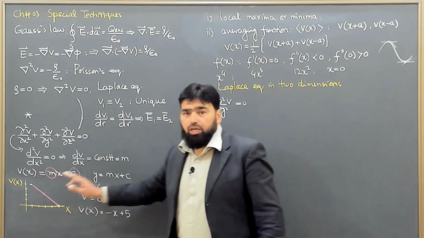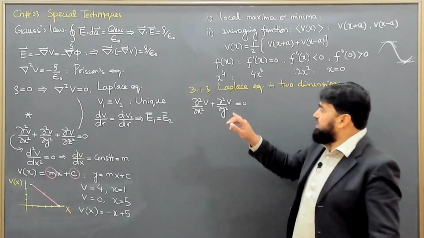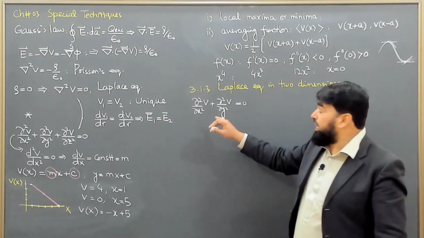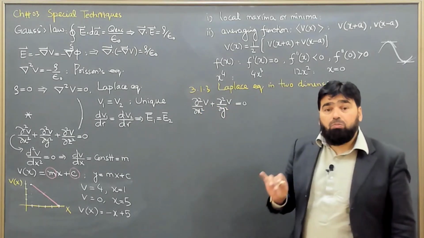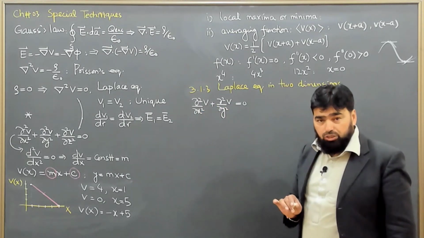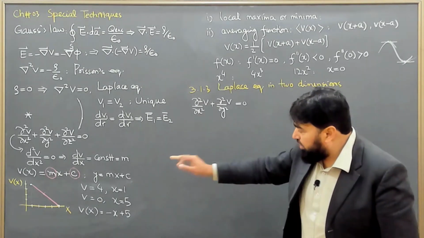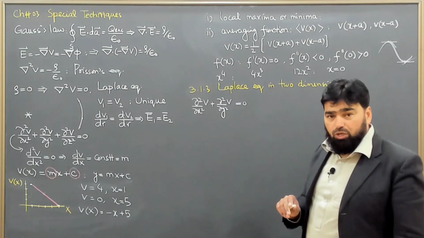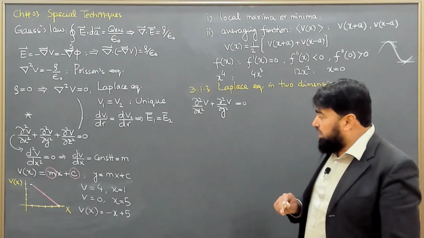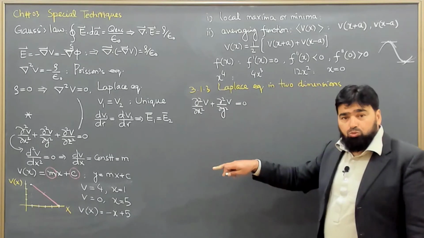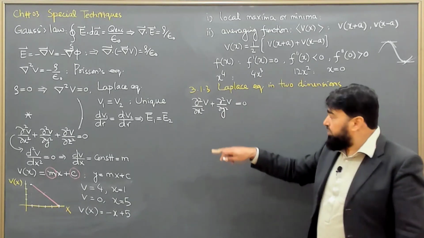That is okay. But when I come here, it's again a second order differential equation, but we have to keep in mind that this is a second order partial differential equation. So the number of constants will be different. When I considered the Laplace equation in one dimension, it had two constants there.